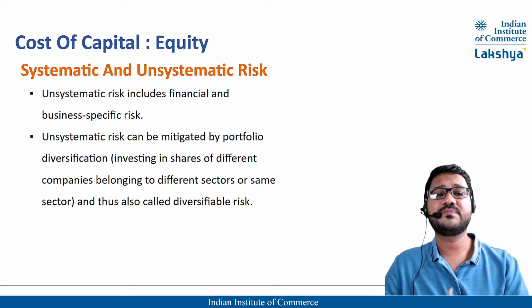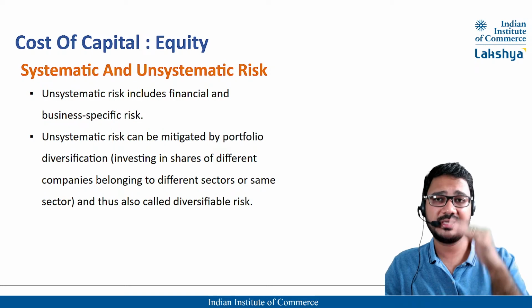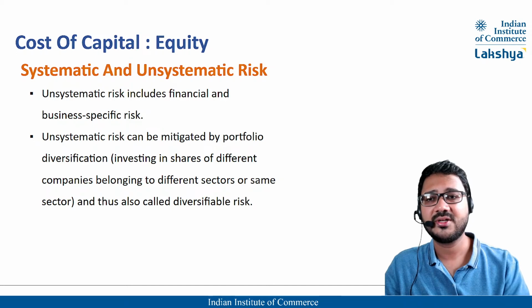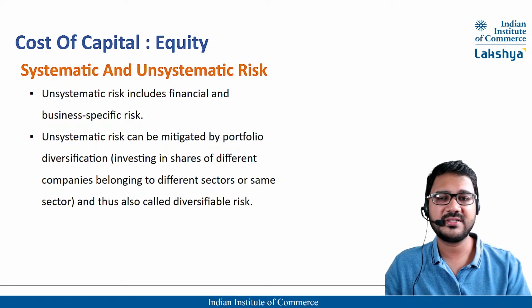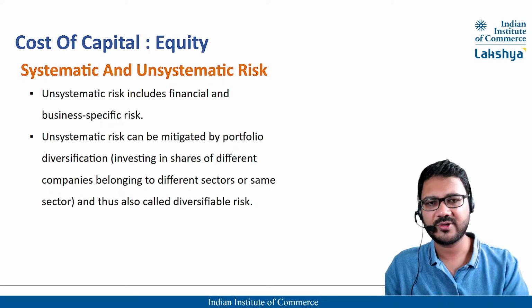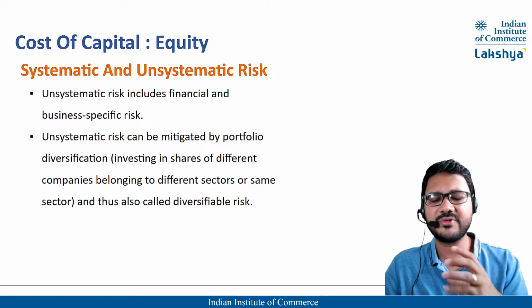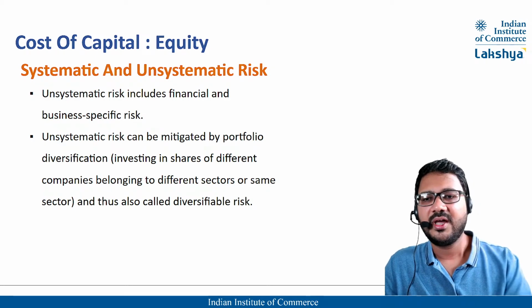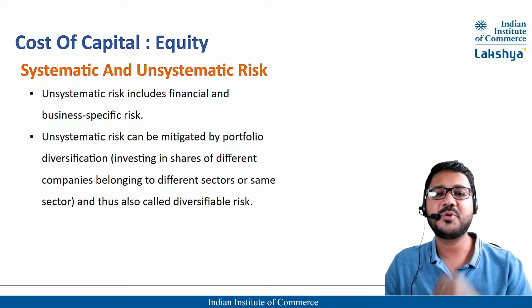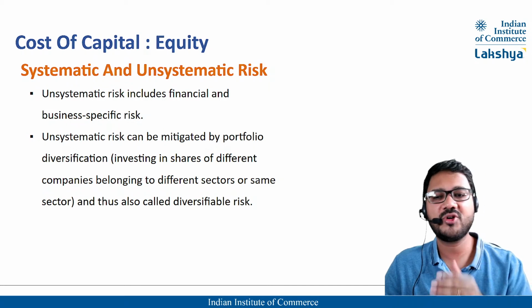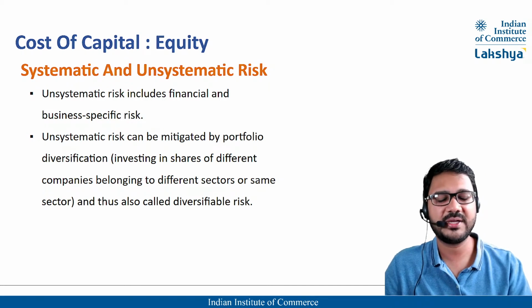What is unique to the company is the debt to equity structure, so that's your financial risk, and then your business specific risk, as in what you are doing. Say you are in the business of selling a particular drug, and there is a new drug which is better than that, then your business gets affected. Unsystematic risk can be mitigated by portfolio diversification, investing in shares of different companies belonging to different sectors or the same sector, and thus it is also called diversifiable risk.